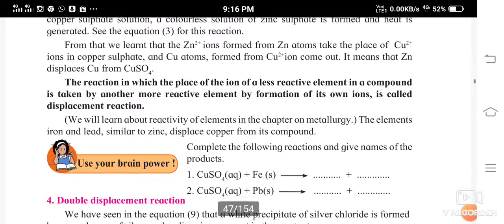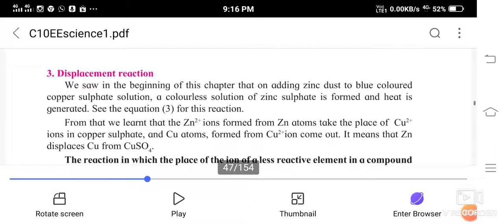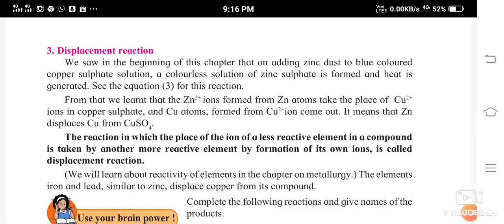In equation 3, I showed you this activity also: copper sulfate is a blue colored solution. When you added zinc to this copper sulfate solution, the copper from the solution was displaced by zinc, isn't it?